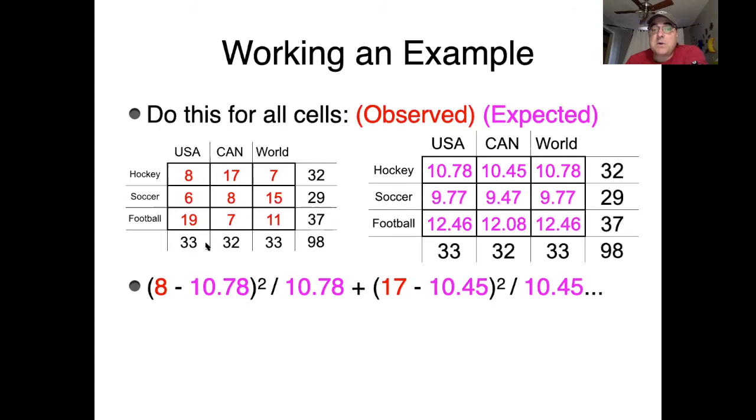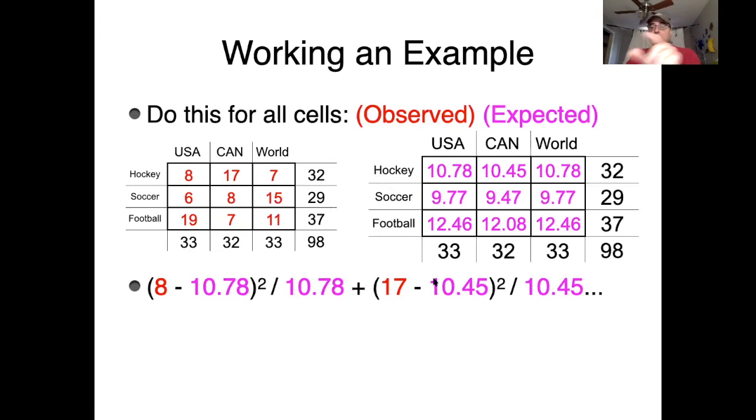We use those marginal totals to backfill these expected frequencies in purple into a whole alternative universe of our raw data. Now we compare this new universe to the actual universe, and we see for each cell how different they were. For the USA hockey cell, it's 8 minus 10.78 squared, and then divided by 10.78.